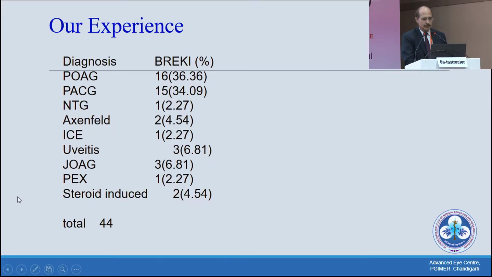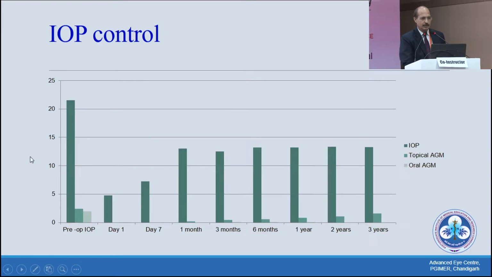So just a quick experience: I looked at the last 44 eyes that we have done with this procedure, for all varieties of indications, and the IOP control is fairly good. We have follow-up up to 3 years in these patients, and you can see the IOP is very well controlled. Most of them are maintained under 15 millimeters of mercury with or without drugs.